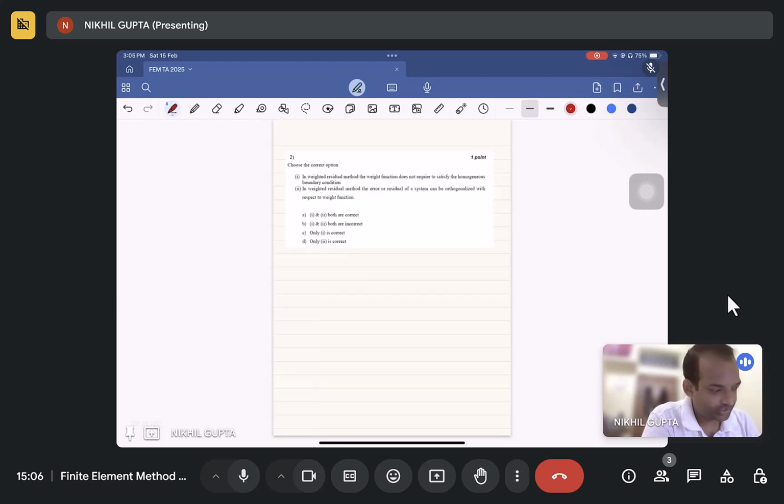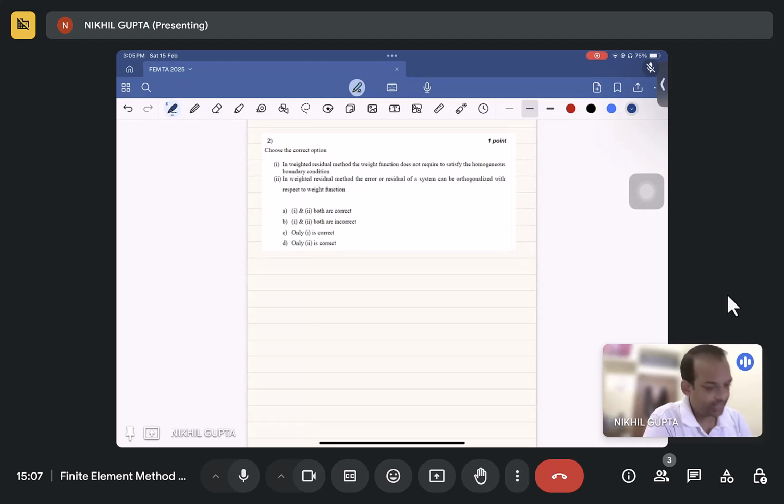So the next question here is: choose the correct option. In weighted residual method, the weight function does not require to satisfy the homogeneous boundary condition. The other option is, in weighted residual method, the error or residual of a system can be orthogonalized with respect to the weight function. So I write the answer.